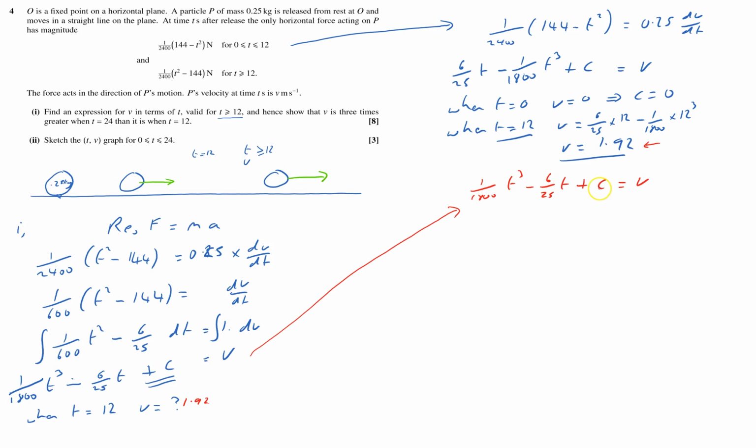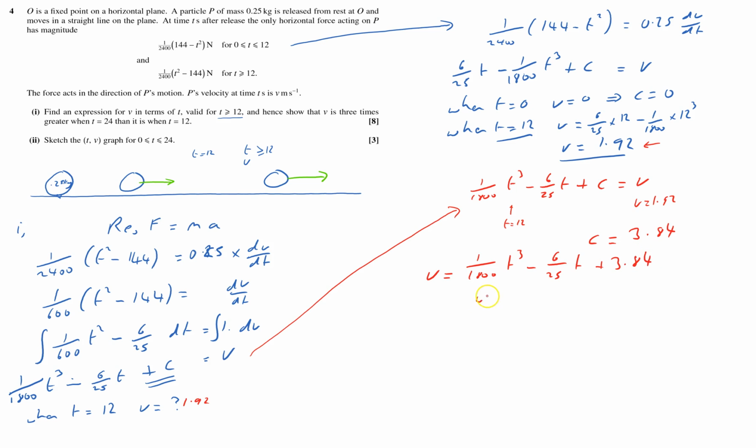And I know what t is. That's going to be 12. So I'm substituting in t equals 12 and v equals 1.92, and that gives c equals 3.84. And so I get v equals 1 over 1800 t cubed minus 6/25 t plus 3.84.